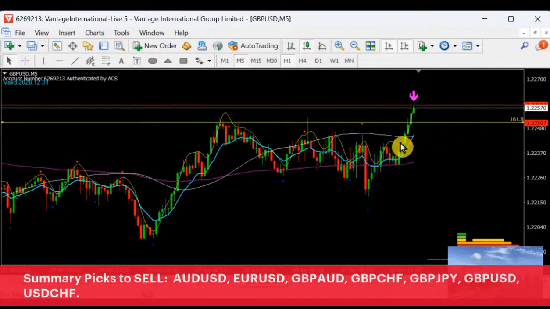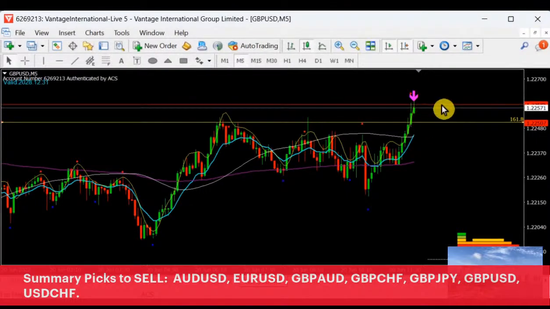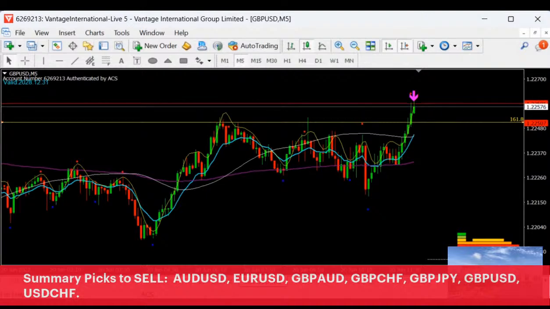So there may be a retest of this area, this level. Then when it's set up for a buying, pound dollar will be likely into the buy.